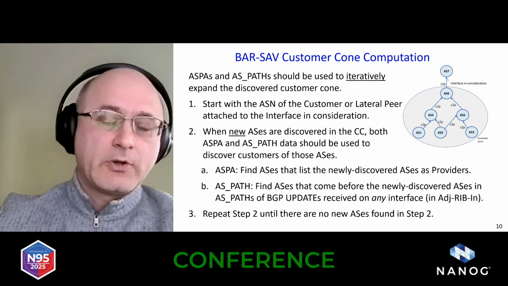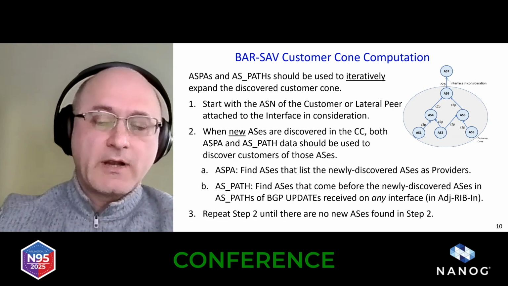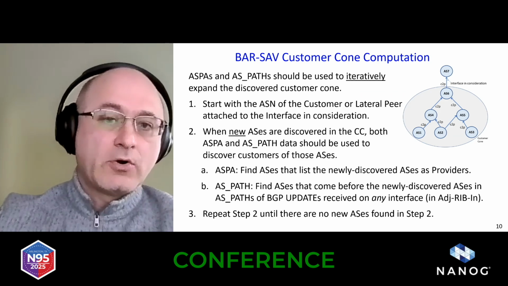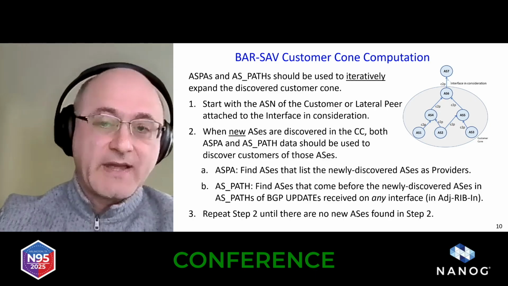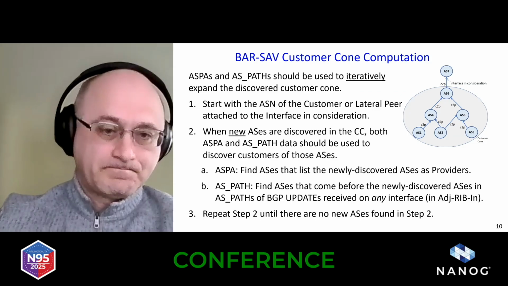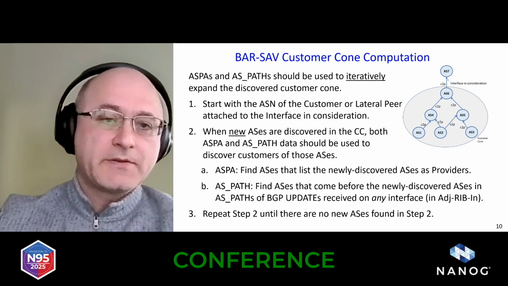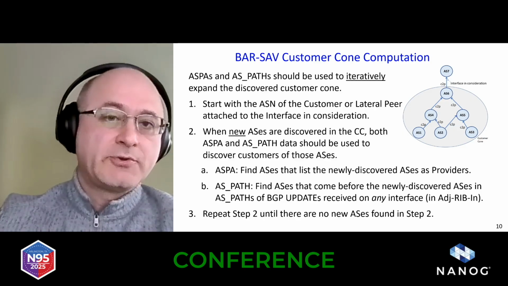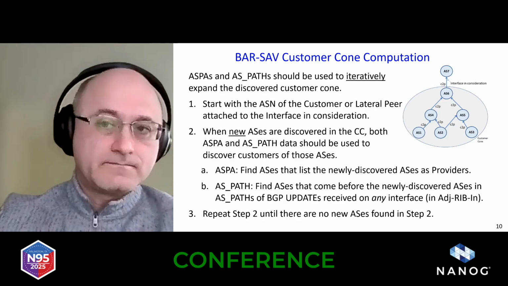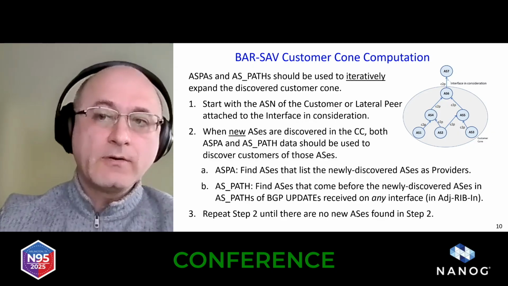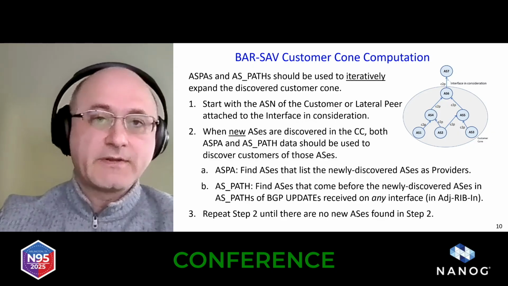And again, we're looking at the entire RIB, so when looking at BGP updates that have been received on any interface. As we discover new ASs that way, we repeat step 2 until we cannot discover anything anymore, at which point we have discovered the entire customer cone.